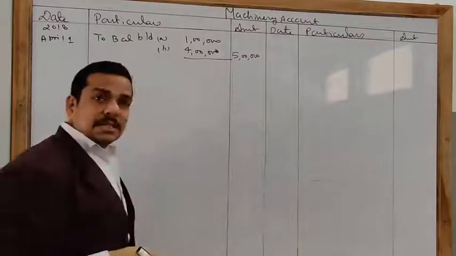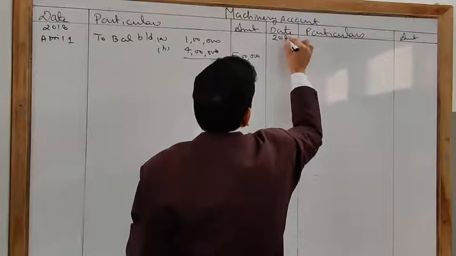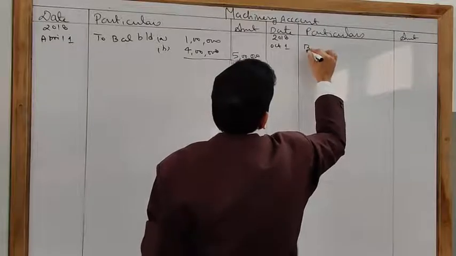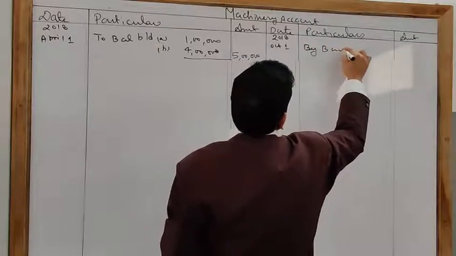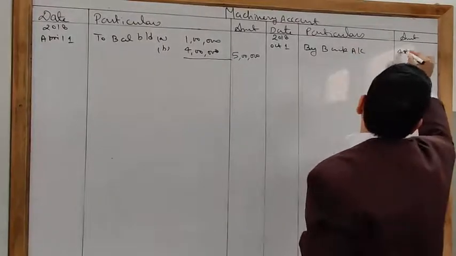Now this machinery is going to be sold on October 18. So 2018 October 1 by bank account. How much amount we have received? 42,000.